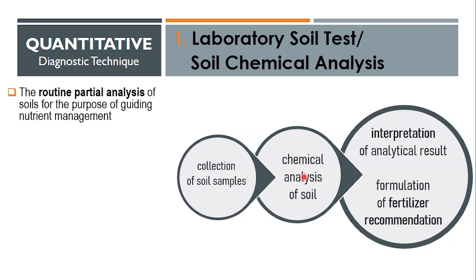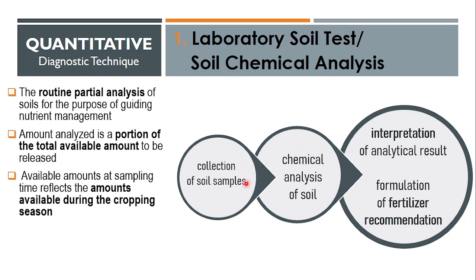Next, the soil samples will be brought to the laboratory for preparation and chemical analysis for the nutrient na gusto mong malaman. Let's say, for example, nitrogen, phosphorus, and potassium. After the amount is determined, it will be interpreted, and a fertilizer recommendation will be formulated.